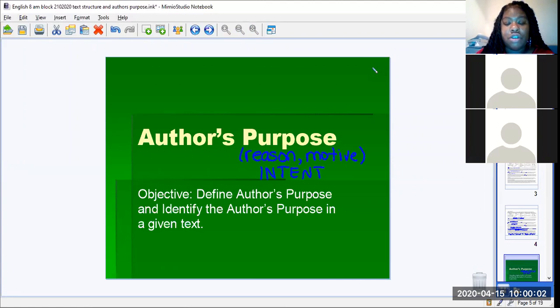What is your reason for doing something with your life? And what is the motivation for whatever it is that you're doing? Okay, so we're going to take that and apply it to author's purpose. So author's purpose is simply the reason why the author wrote what they wrote. Not so much the point, but the reason, the intention behind it.